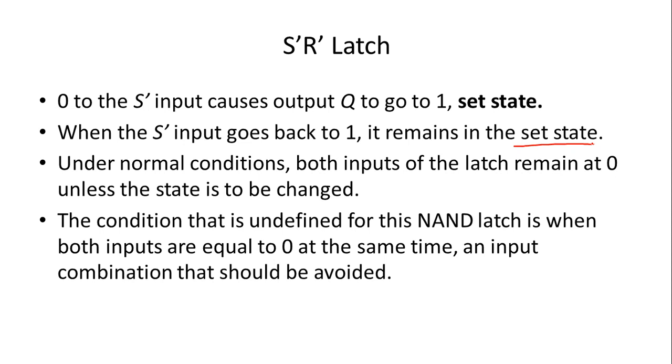The condition that is undefined for this NAND latch is when both inputs are equal to 0 at the same time, an input combination that should be avoided. So to implement this kind of latch, we need to avoid inputs which lead to undefined states.